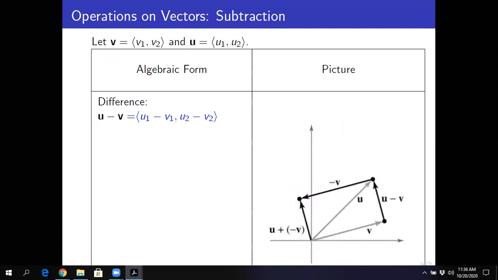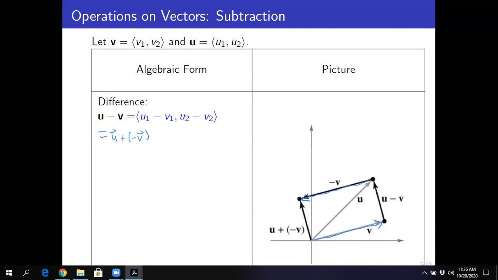What about the difference between two vectors? Well, you can almost think of this as u plus negative v, and then you could basically add those two things together. But what's going on with a picture? If this is v right here, then minus v is going to point in the opposite direction.